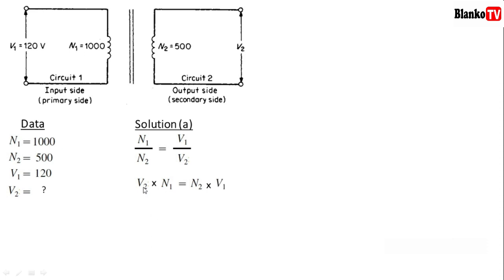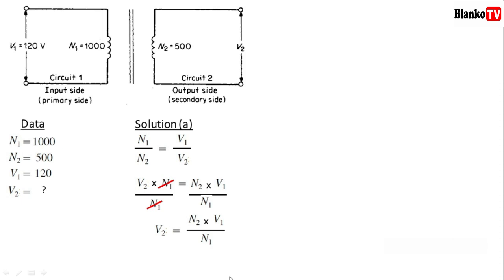So we make V2 the subject. We divide the left hand side by N1, then we divide the right hand side by N1. So we have V2 times N1 over N1, then N2 times V1 over N1. N1 cancels out, so V2 is N2 times V1 over N1.